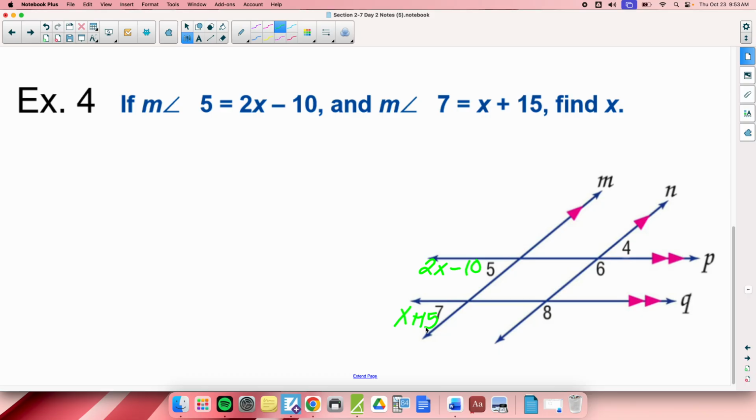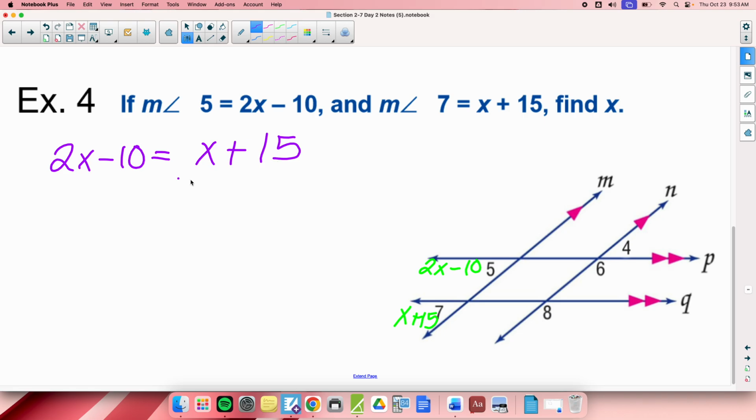What kind are those? Corresponding. And what do we learn about corresponding? They're equal. So to solve this, I would say 2x minus 10 equals x plus 15. You're going to notice we're going to do quite a bit of algebra today.